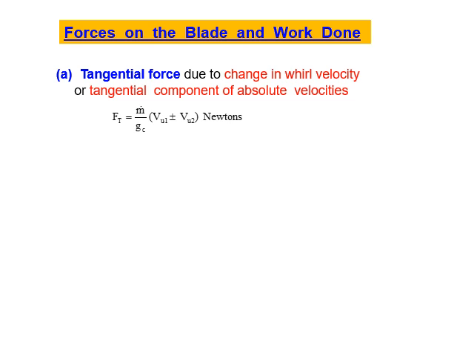Because in a steam turbine the flow of steam is in the axial direction, U1 is equal to U2. Vu1 represents tangential velocity at inlet and Vu2 represents tangential velocity at exit. This tangential force is obtained in newtons.